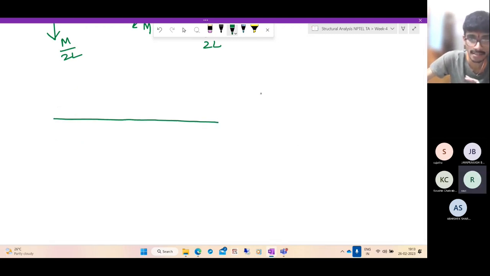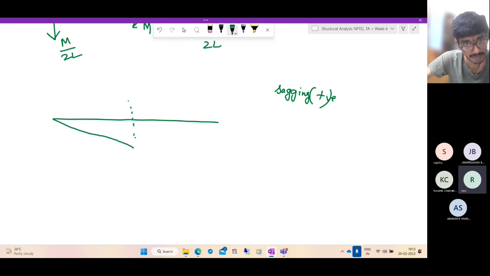The convention for the bending moment diagram is that sagging is positive, right? That is important when we use the conjugate beam method. For the left span, if you take a section at the middle, it creates a hogging moment. So on the left, it's like this, and on the right side, you have a sagging moment.